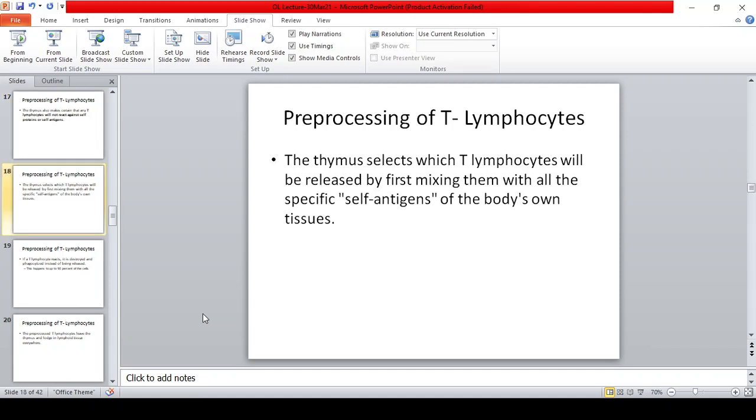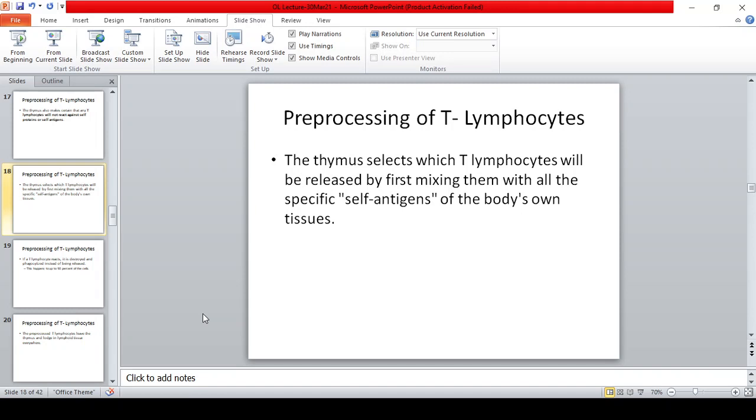And how it does this is that the thymus selects which T lymphocytes will be finally released after pre-processing by first mixing them with all the specific self-antigens of the body's own tissues.